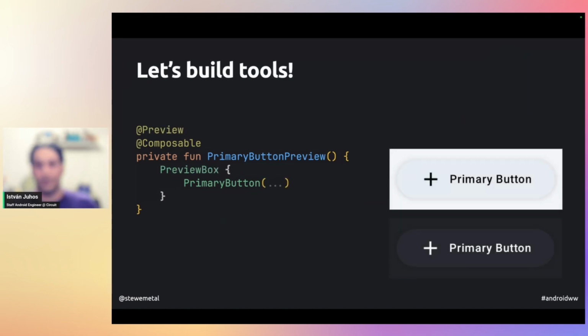So let's build some tools to actually get more out of our previews. The easiest approach would be to build a box that we use in previews. So we call it a preview box, where we can set some default things, or where we can customize our previews pretty much in a platform agnostic way.